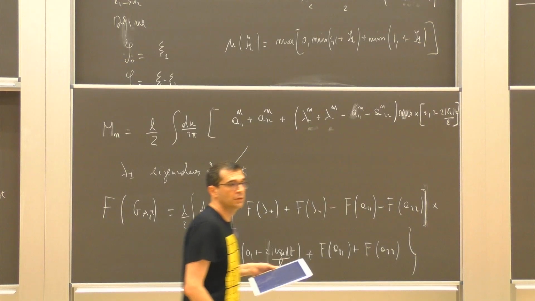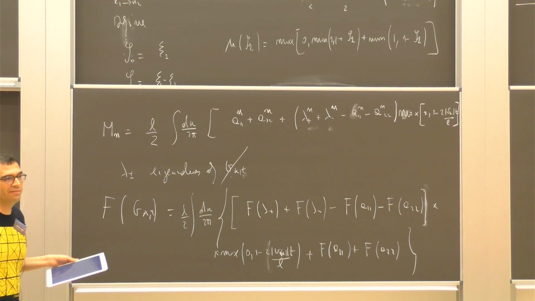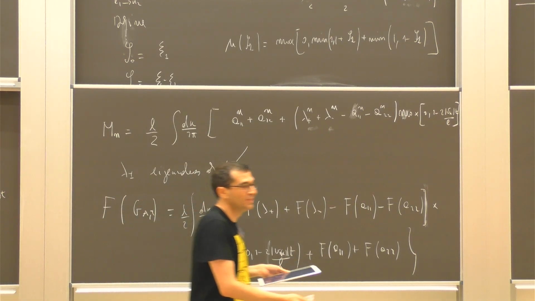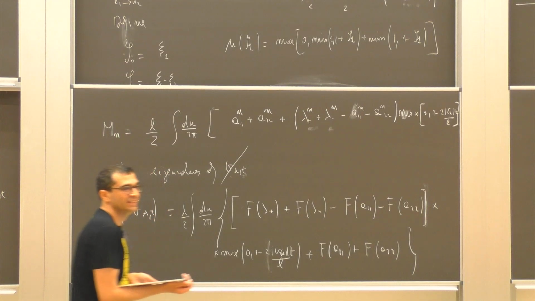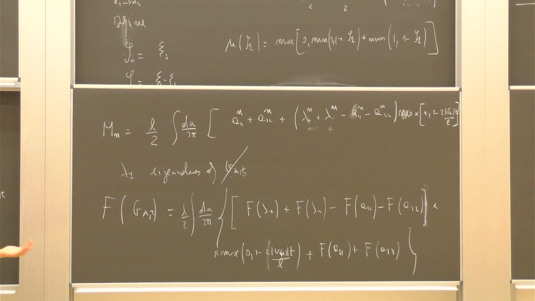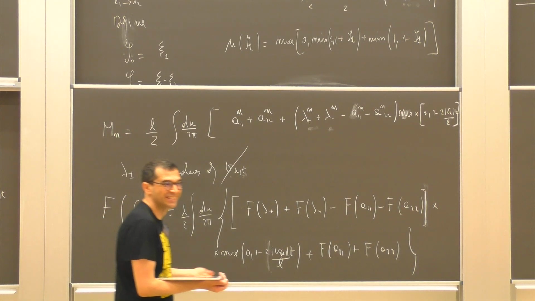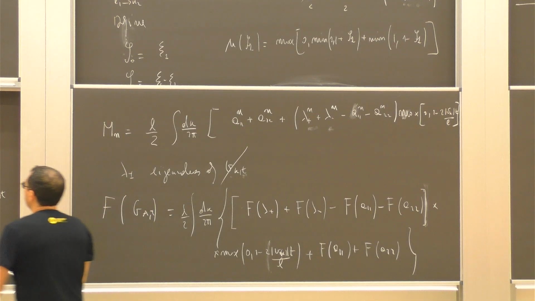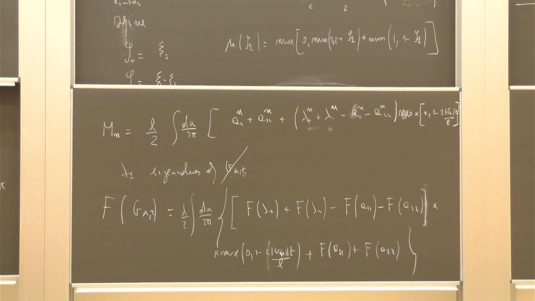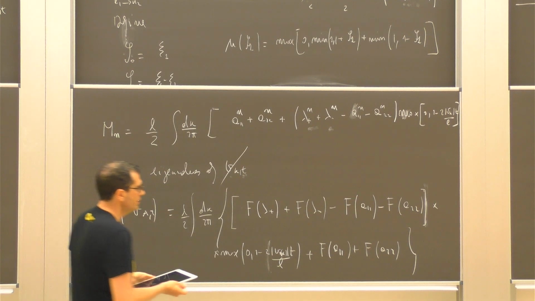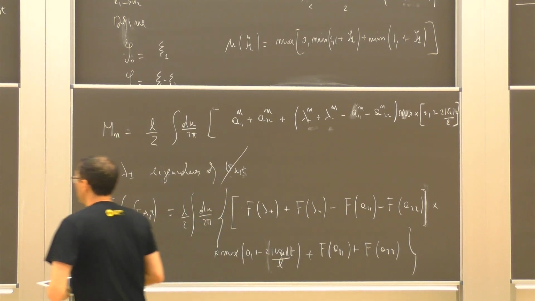I can bring inside the function f. Simple, no? Now, we can compute everything, right? So now let us rewrite this. Now I should be able to reconstruct the formula.